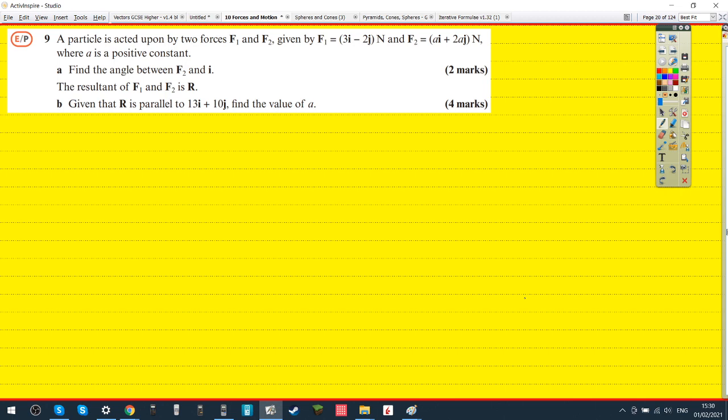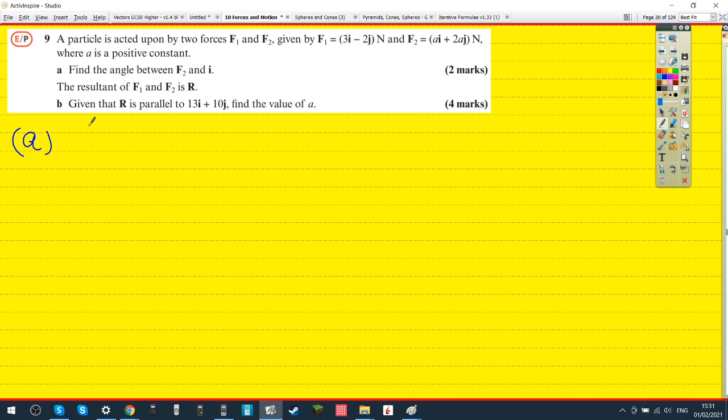Okay, how about A for this one? So for F1, that's 3 across, 2 down.